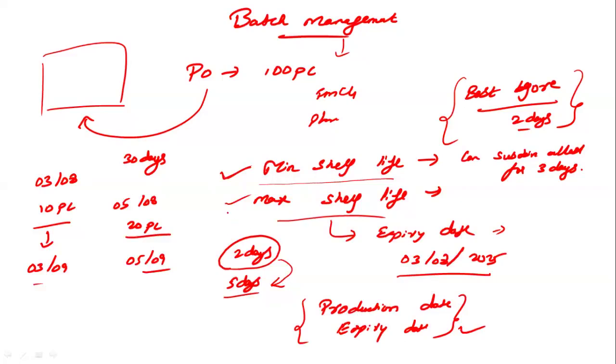If you are maintaining the maximum shelf life in the material master, then the production date is going to be mandatory. So this is an important thing. If you are maintaining the minimum shelf life in the material master, when you're doing the goods receipt, the system will ask you to enter the expiry date. If you are maintaining the maximum shelf life when you are creating the material, the system will ask you to enter the production date. Is this clear? And also the meaning of minimum shelf life and maximum shelf life.